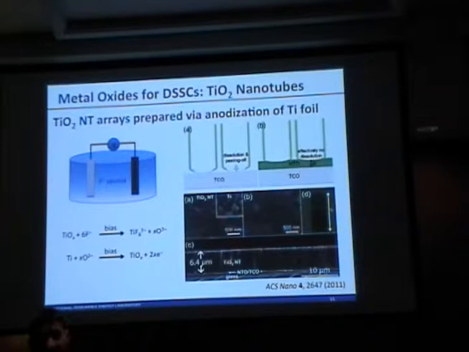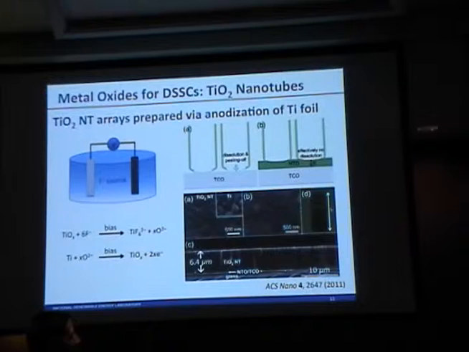Making these is a relatively simple thing. You just take a fluoride-containing electrolyte, and you have a two-electrode system where you have a working electrode and a counter electrode. And the chemical reactions are shown here. Basically, in this case I'm showing it on a transparent conducting oxide substrate.